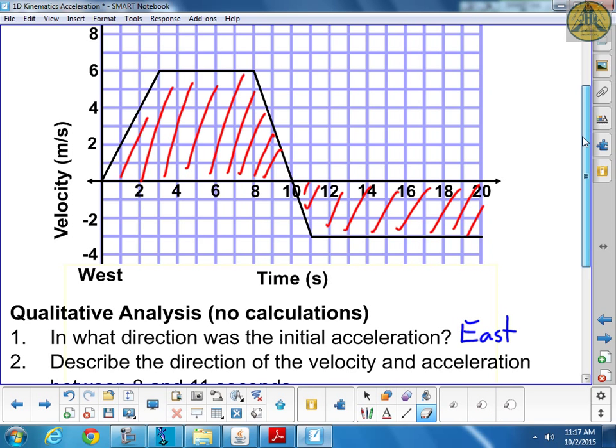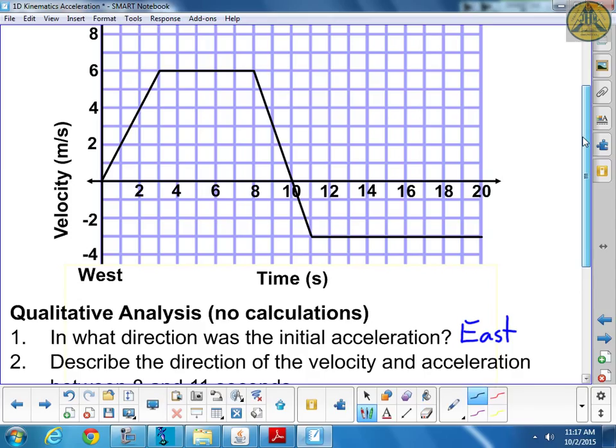Top or bottom? East or west area is bigger? East area is bigger. So if there's more area contained in the top part, it went more east than west. So the resulting displacement, or the final position, will be east of the starting point. And so the last question, east again.